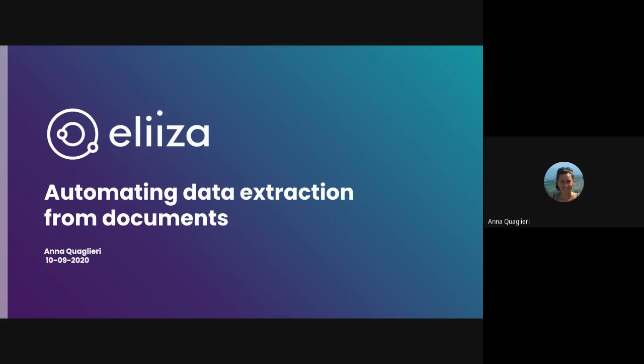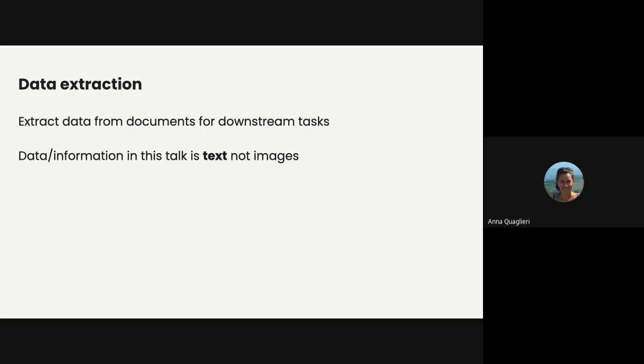Today I will be talking to you about our tips and strategies that we use in order to automate data extraction from documents. Before I get into the juicy part of the talk, I would like to mention what I mean when I say that we extract data from documents.